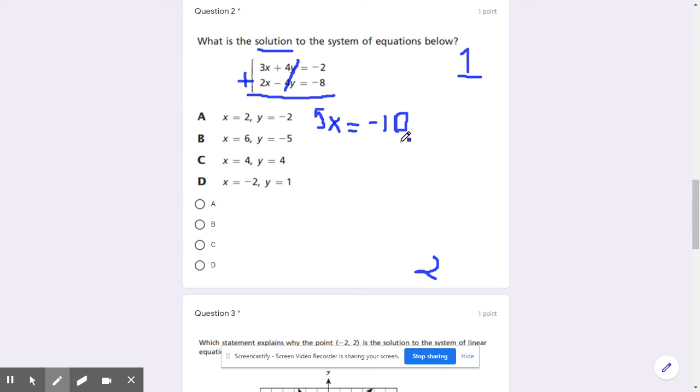Hint number 3. Now that we're at 5x is equal to -10, if we solve for x, that'll at least give us, out of the choices, the x value. And if we find that, we would have found the y value eventually. So to do that, hint number 3 is, you're going to have to divide both sides by 5.